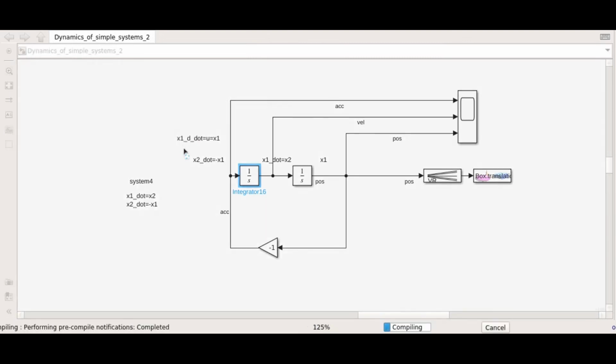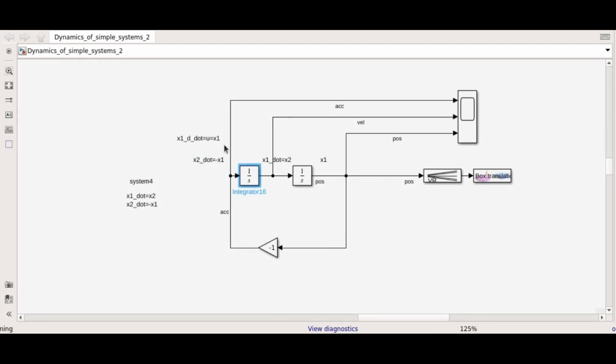If we look at the system equation once again, there is another way to find out the solution. Here we can see x2 dot equal to minus x1. x2 dot is already x1 double dot. So x1 double dot equal to minus x1.